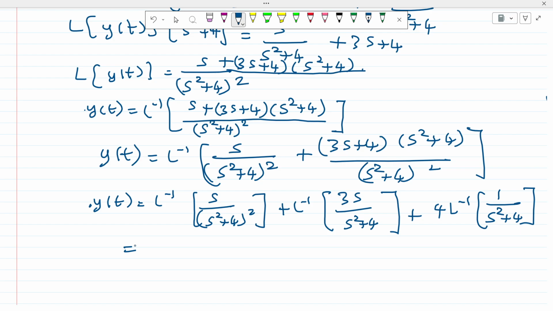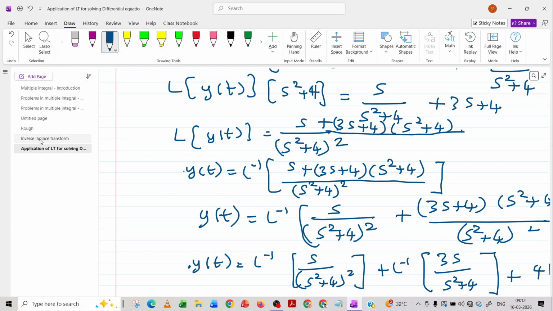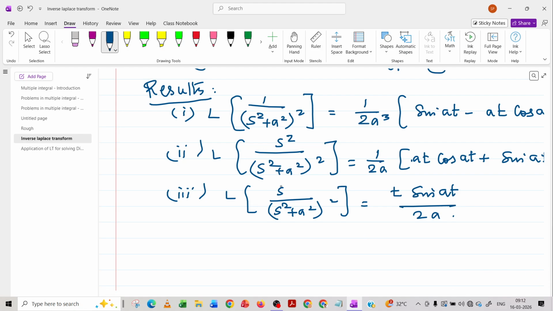Today I have written in the beginning, na, 3 formulas. I have written 3 formulas. This one, s by s square plus a square whole square, is t sin at by 2a.